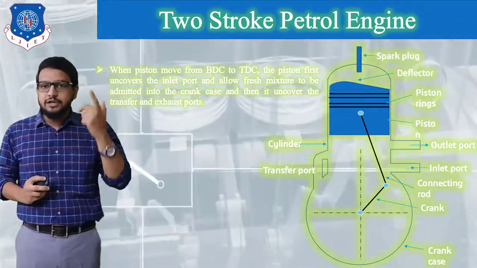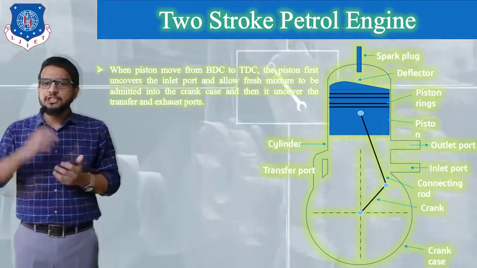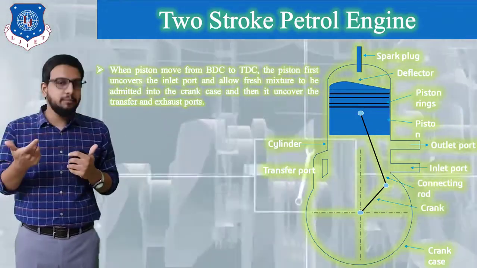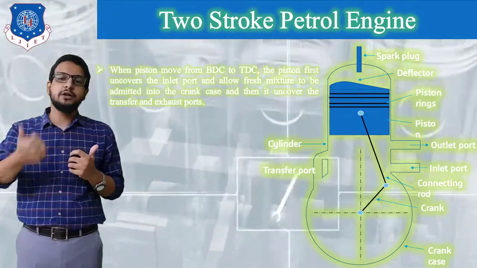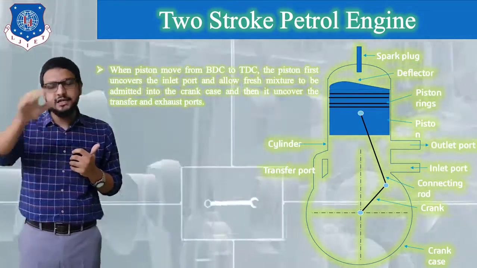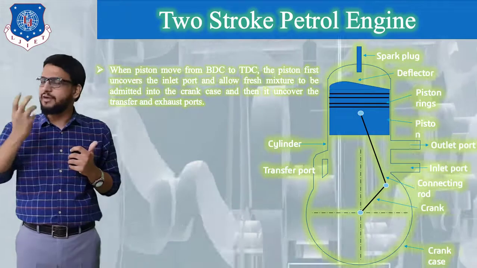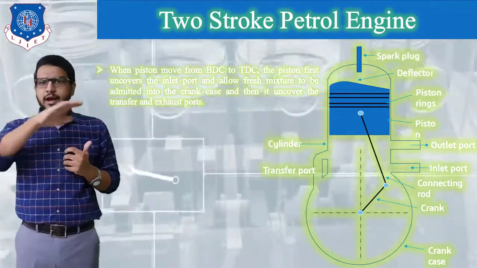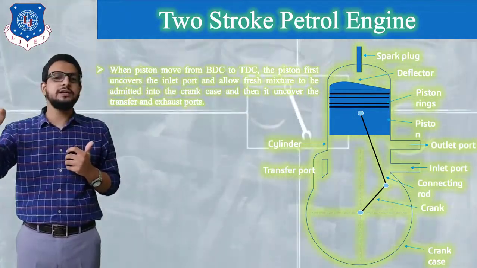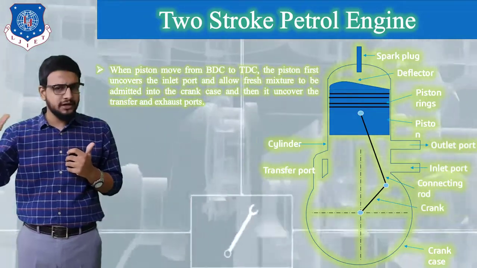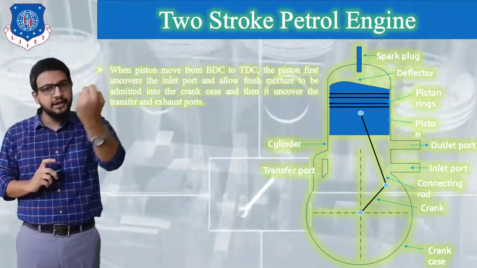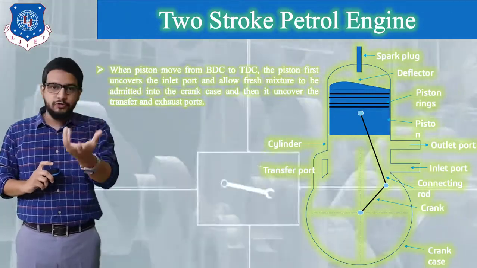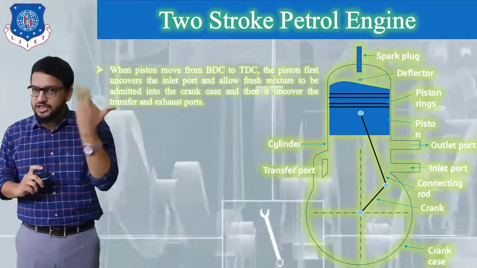Right, so this is a continuous simultaneous process which is going to increase the pressure and temperature. During this compression stroke, the pressure and temperature of the air and petrol mixture will be increased. Finally, the air and petrol mixture will be present in the clearance volume, and when it reaches its TDC position, our cycle will be completed. Again, what is going to happen? A spark is going to be given, ignition will take place. Due to fuel ignition, hot gases will be generated.